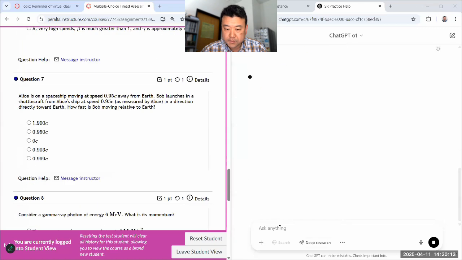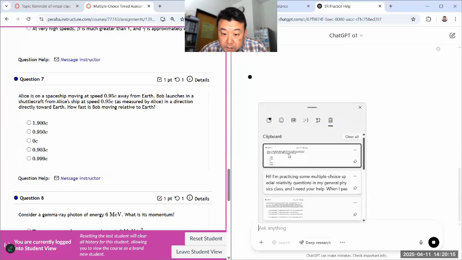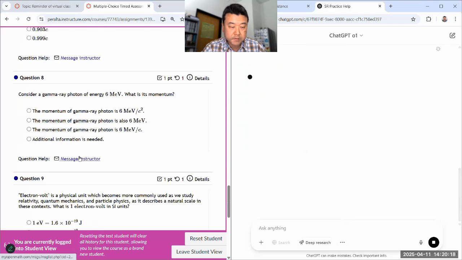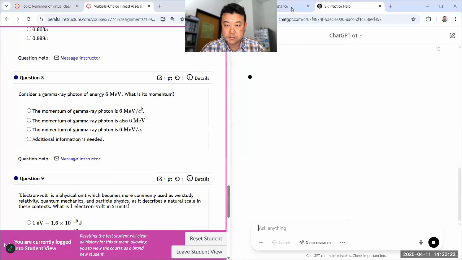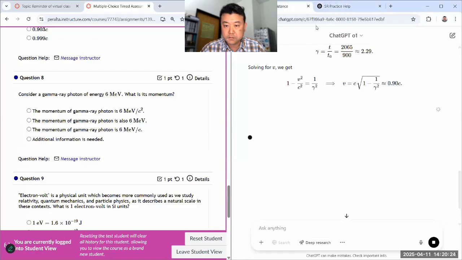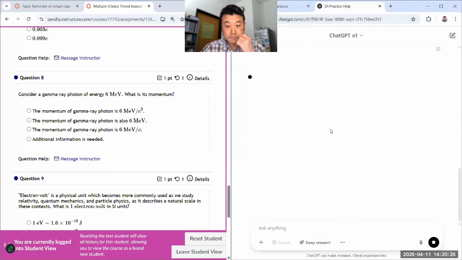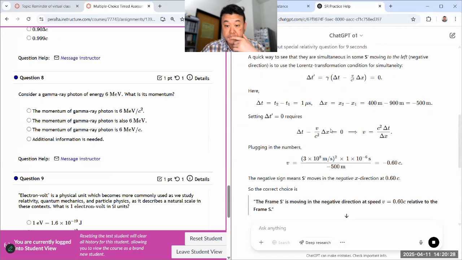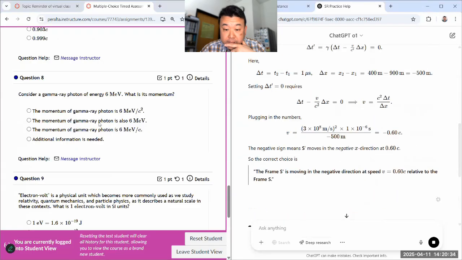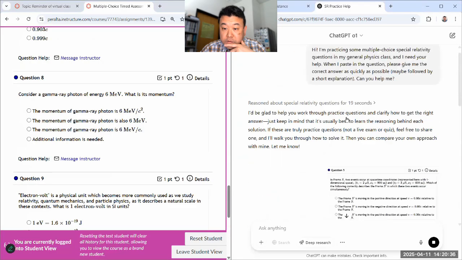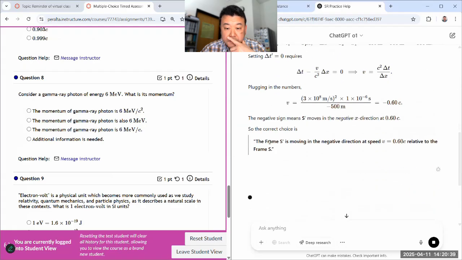Do I already have 7 in buffer? I can't tell. Yeah, I already have 7 in buffer, so I need an 8. I'm not sure. Oh wait, I think no, it did finish answering that, and I entered it.